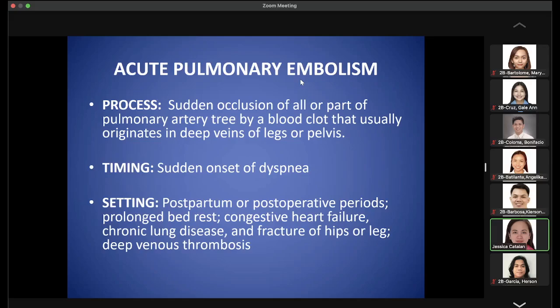In pneumothorax the patient is a healthy adult, but for PE there is a setting: postpartum, post-operative after a prolonged surgical operation, prolonged bed rest. Among chronically bedridden patients, those who had a stroke, patients with congestive heart failure or chronic lung disease such as COPD, elderly patients with a fracture of the hips or legs, and conditions of deep venous thrombosis.